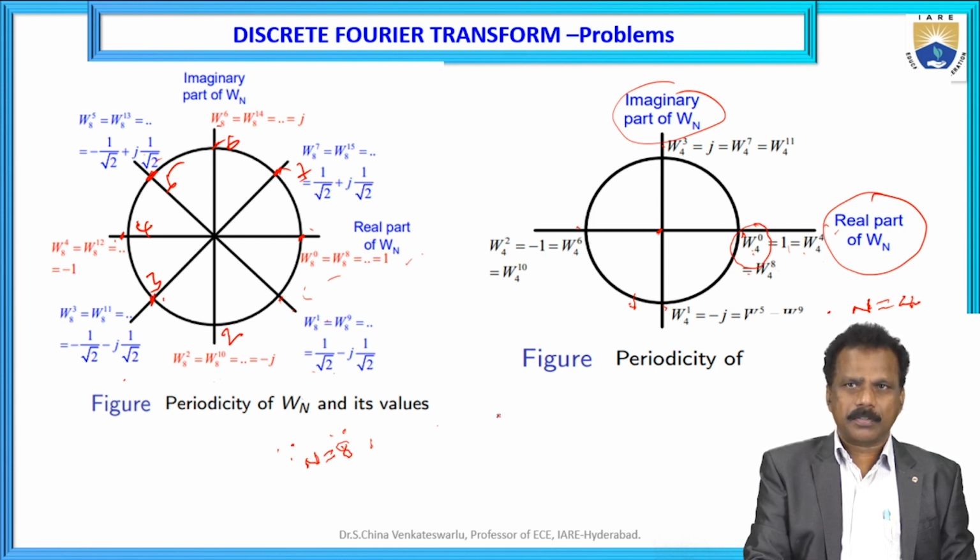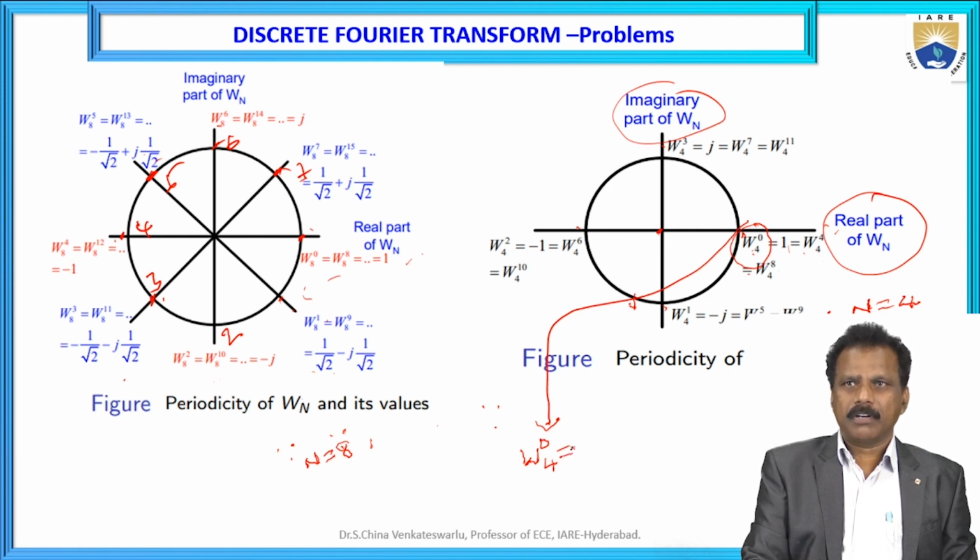From this point, we will try to verify the twiddle factor: N is equal to 4, Kn is equal to 0, equal to one more equivalence.